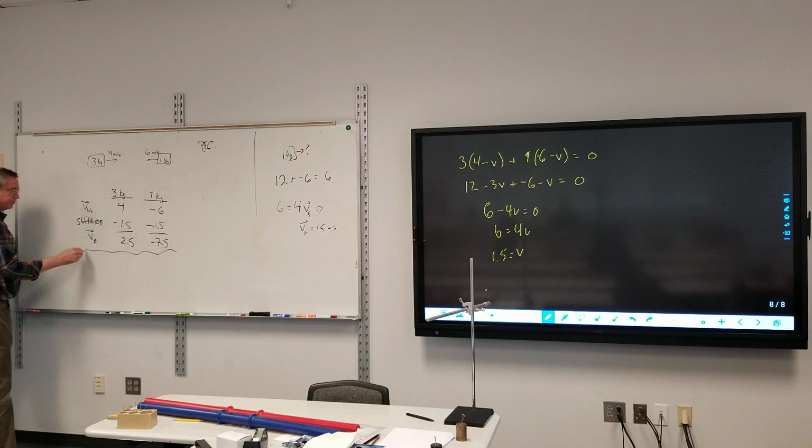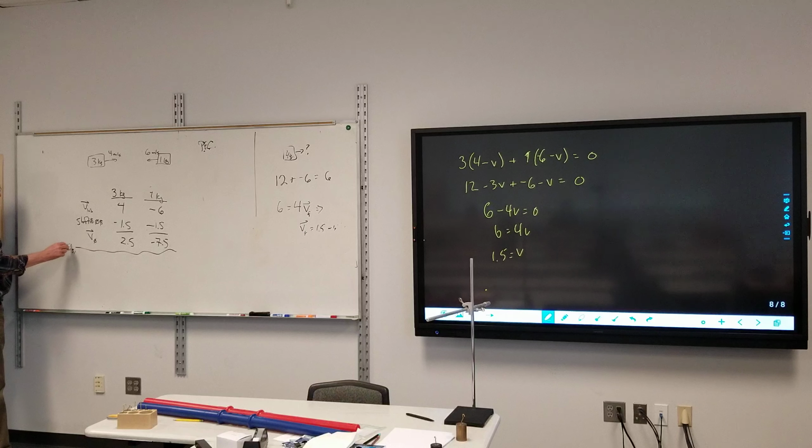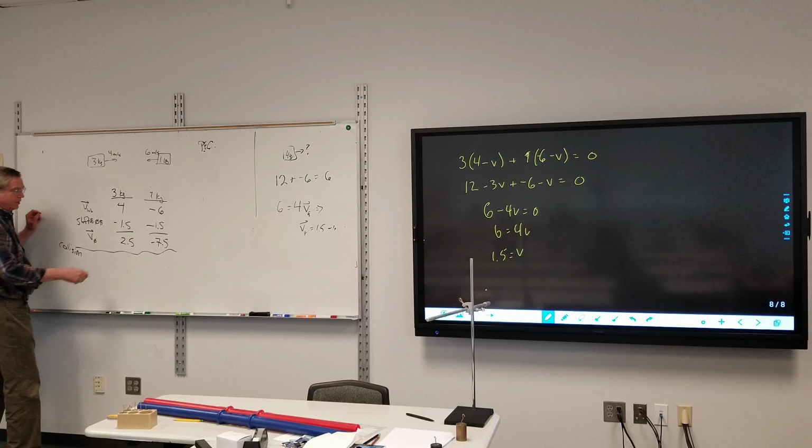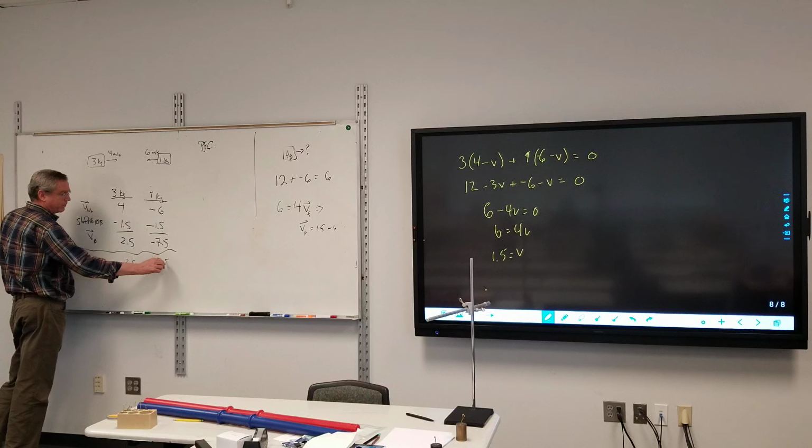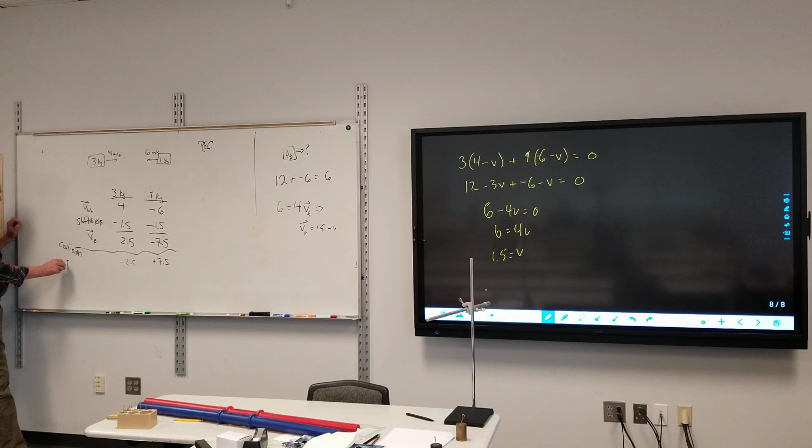Then there's the collision. I need my total momentum to be 0, and I need my kinetic energy to stay the same. Well, if kinetic energy stays the same, that means I have the same speeds in this frame. And my momentum stays 0 if I just multiply everything by negative 1. So I get negative 2.5 and positive 7.5. And then I shift to lab frame.